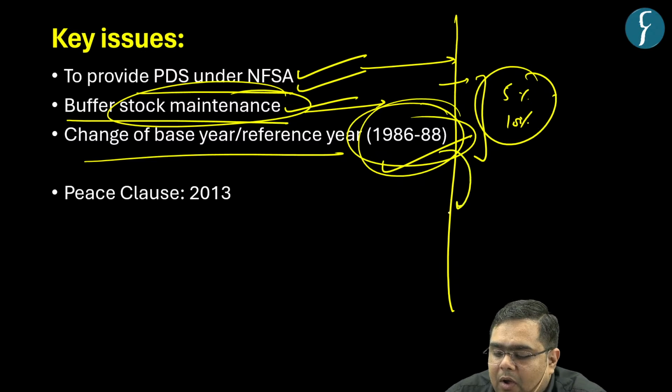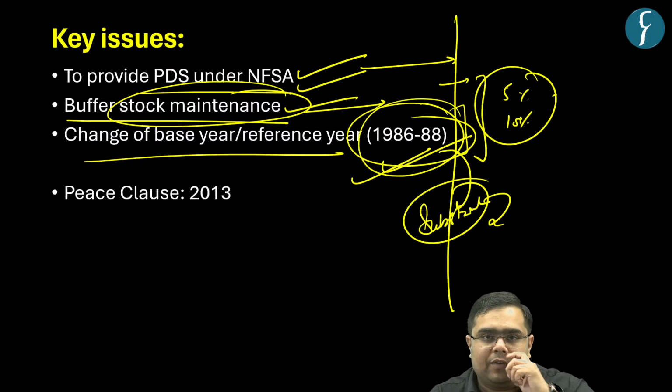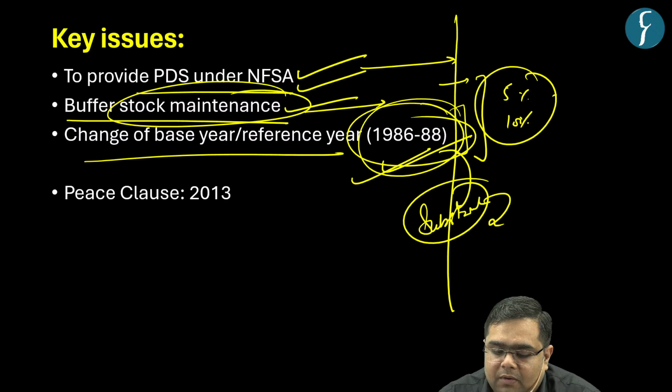Now Indian economy has substantially grown from the period of 1986 to 88, and is substantially larger than what it used to be at the 1986 and 88 level. So that is the point of conflict from the standpoint of India.